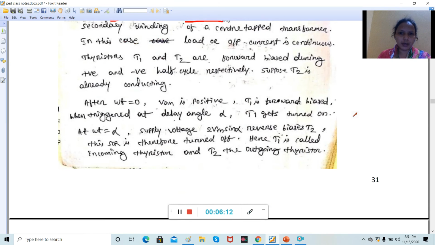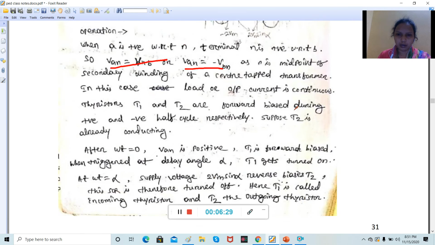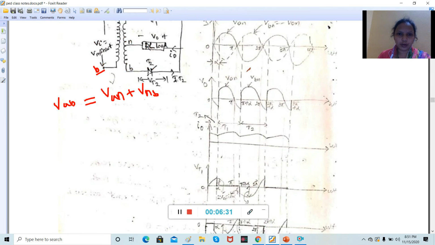When T1 is forward biased, at the same time T2 is reverse biased. At omega t equal to 0, VAN is positive, so thyristor T1 is forward biased. When triggered at delay angle alpha, T1 gets turned on. This is the turn on point.